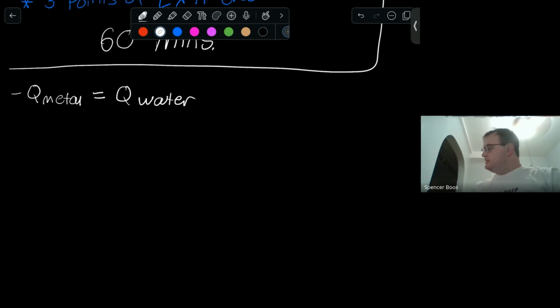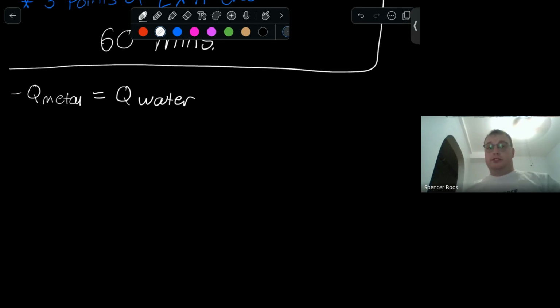Say, for instance, we have this cup of water here, and I put this red hot piece of metal in it. The metal will cool down while it warms up the water. In other words, any heat gained by the water is lost by the metal.